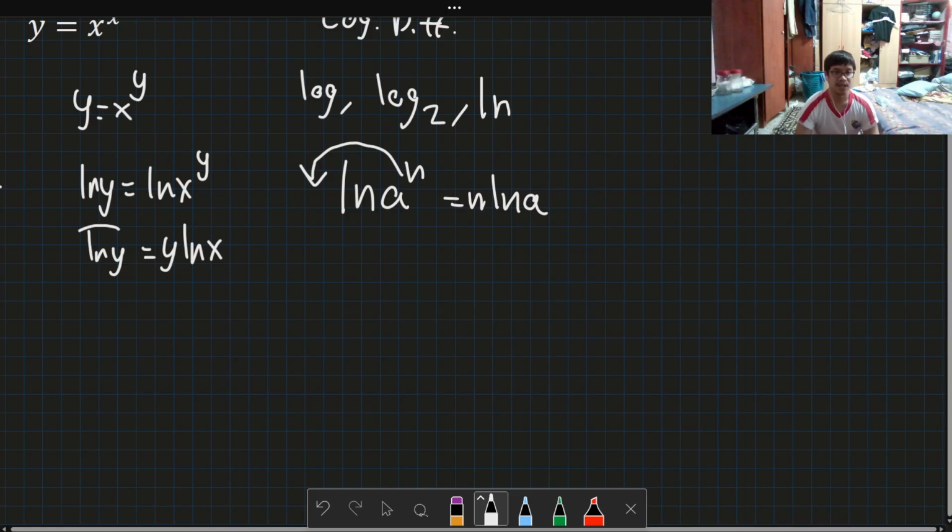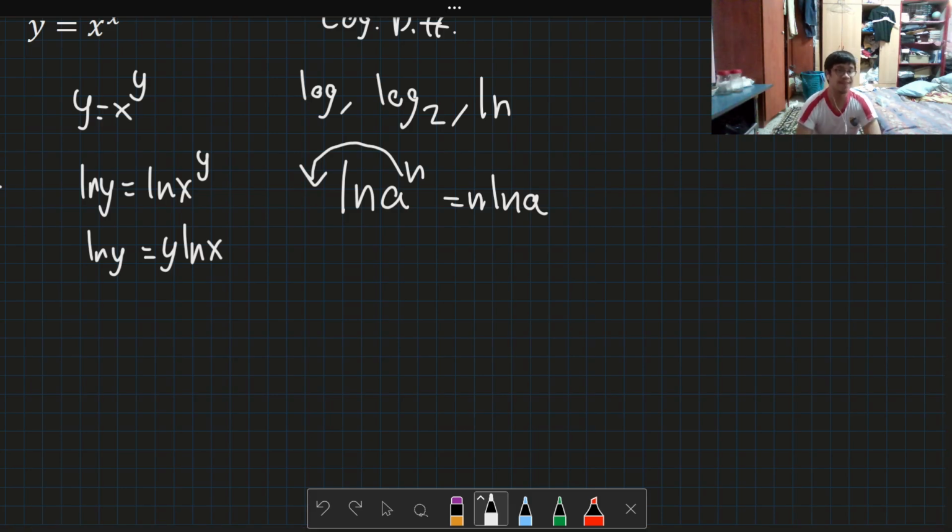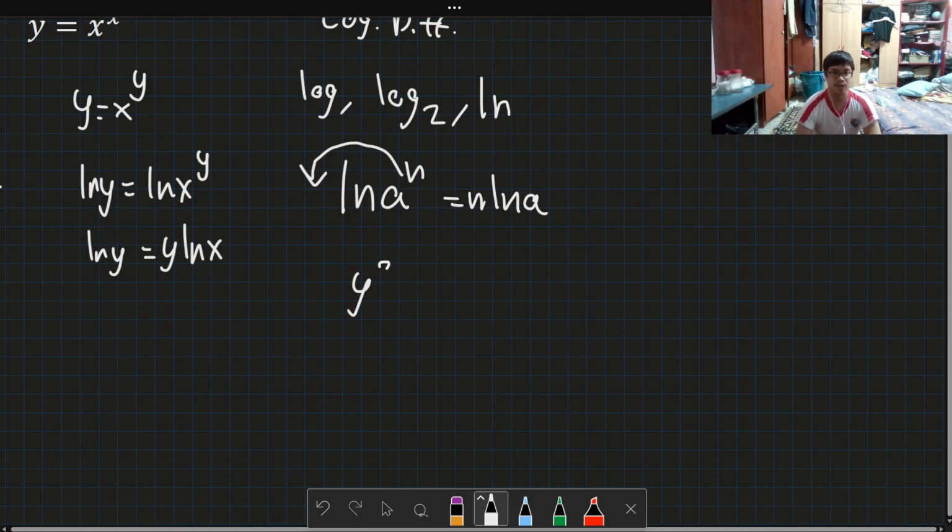Let's get the derivative of ln of y. Here you will apply implicit differentiation. Basically, if you see a variable y, after you get the derivative of it, put y prime or dy all over dx. For example, I have y squared. I will use the power rule, in which you will have 2y raised to 2 minus 1.